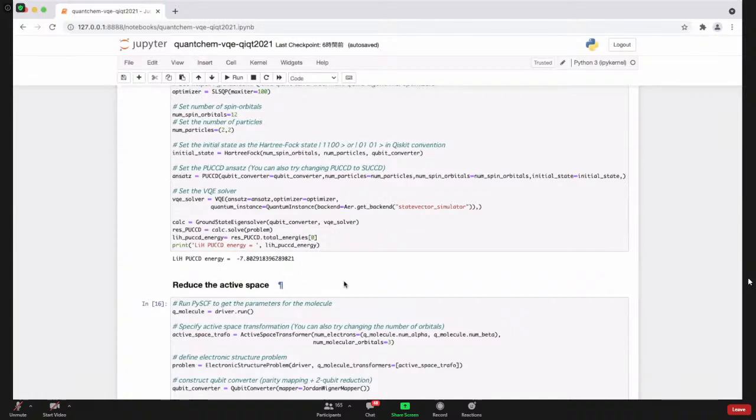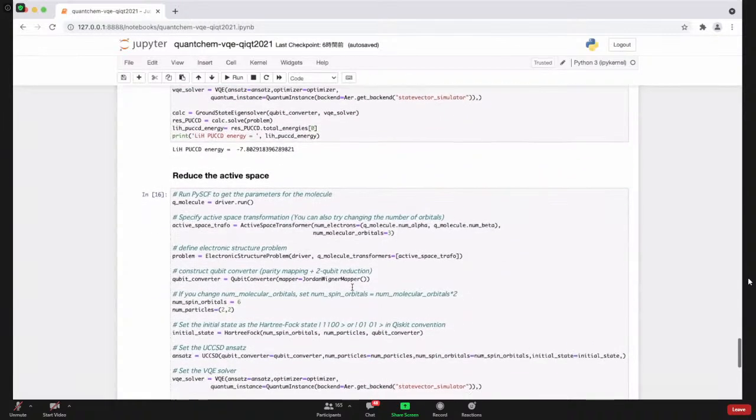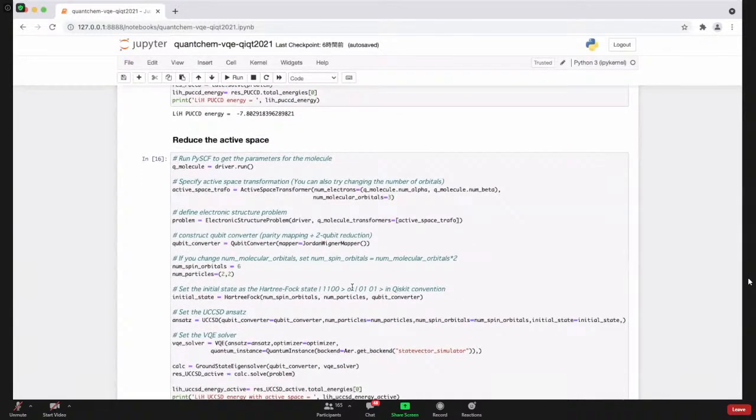And the final simulation is reducing the active space. So we're going to reduce the original problem size to this small molecular orbital space. So this is quite different.